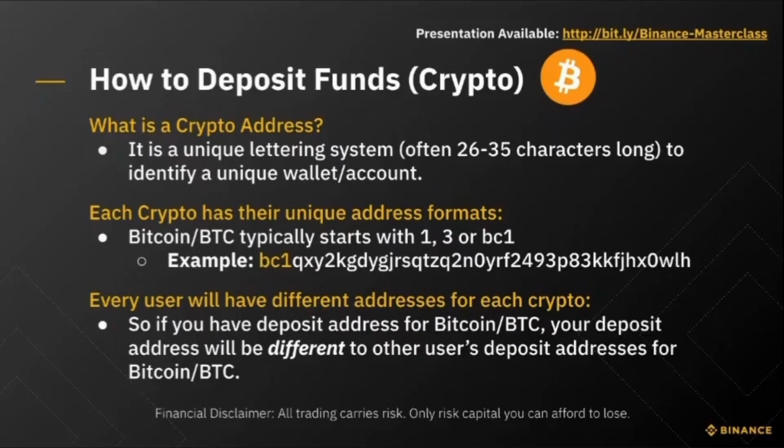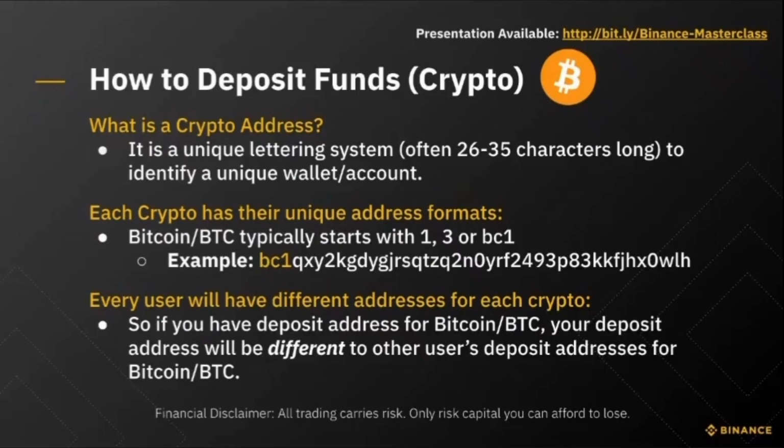You can think of it as similar to the long number on a bank card. Actually, that's 16 digits. This is roughly 10 more characters longer. So essentially, it's a unique identifier to each individual account.